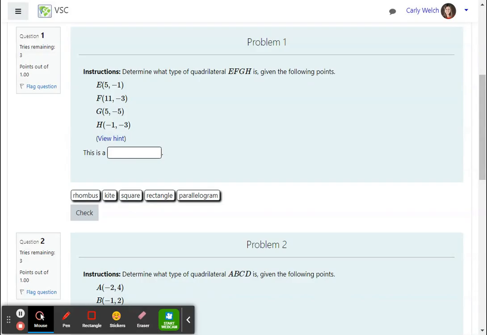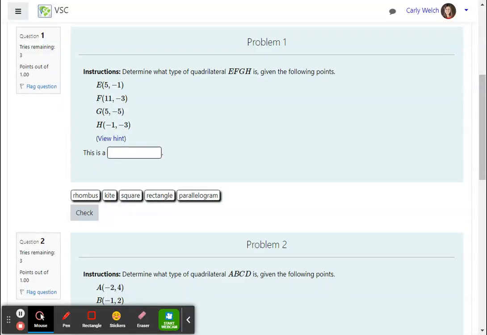And then I'm going to do the diagonals. So EG, I get 5 minus 5 and -1 minus -5. And then FH is 11 minus -1 and -3 minus -3.